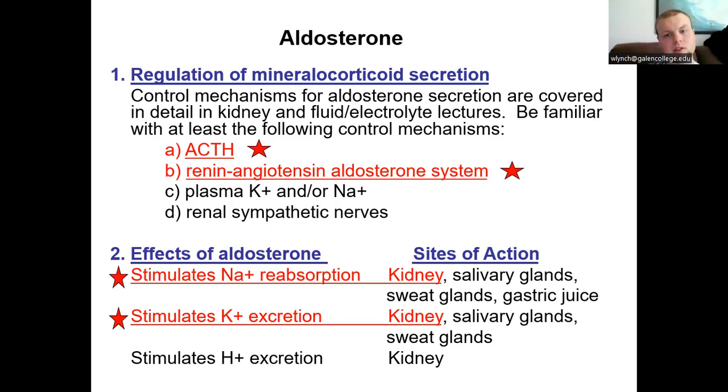So we increase excretion in the kidney, salivary glands, and the sweat glands. The third mechanism is going to be hydrogen, which is proton excretion. So we're stimulating excretion of protons to try and lessen the amount of circulating acid around the blood, as protons are contributing to acidic pHs.